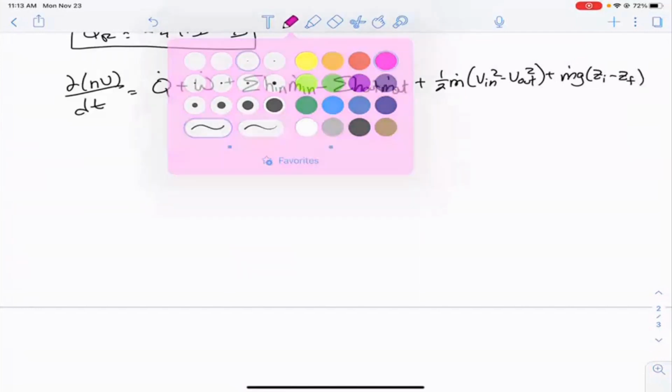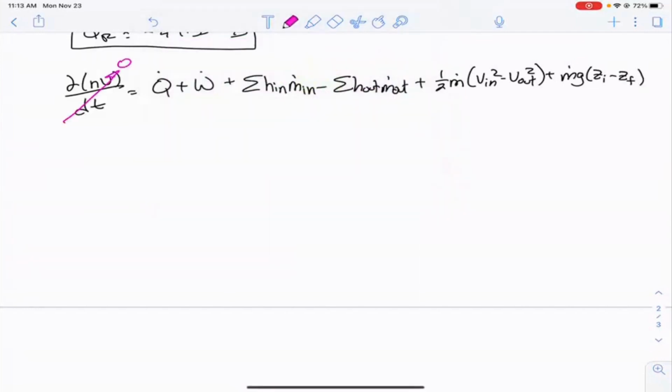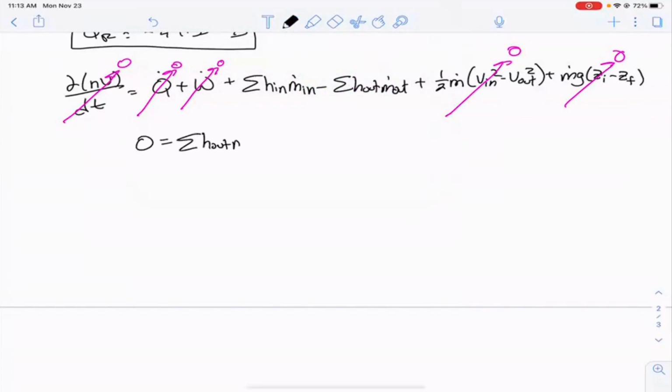Well, if we're at steady state and we're going to mix these adiabatically, we're not doing any work, and the gas velocities will be similar and the height will not be significantly different. So the result of our energy balance here is really just that 0 is equal to the sum of H out m dot out minus the sum of H in m dot in. And I know I flipped those, and I did that on purpose because it doesn't matter, because there's 0 on the other side here anyway. So that's our energy balance.